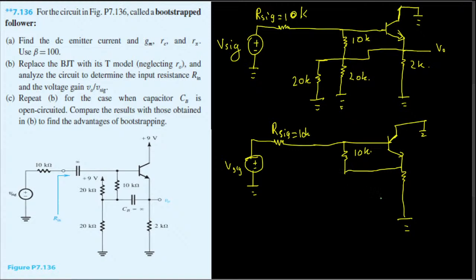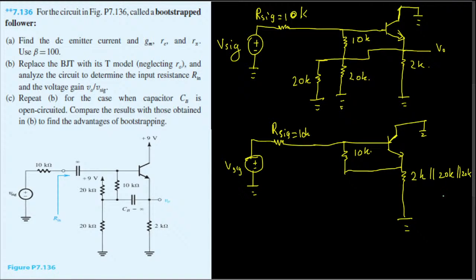This 20k, 20k and 2k, we can combine all of them together and say the equivalent resistance is 2k parallel to 20k parallel to 20k.